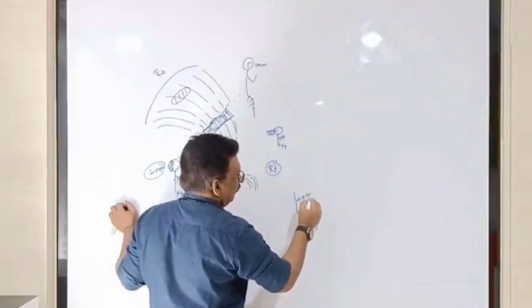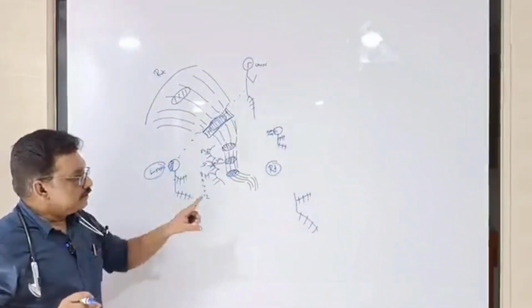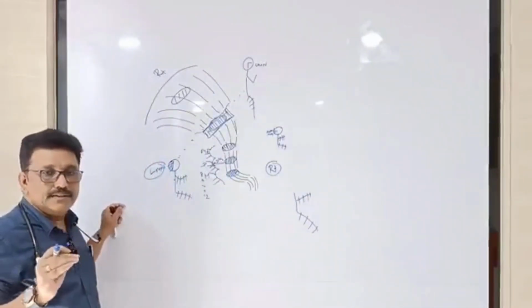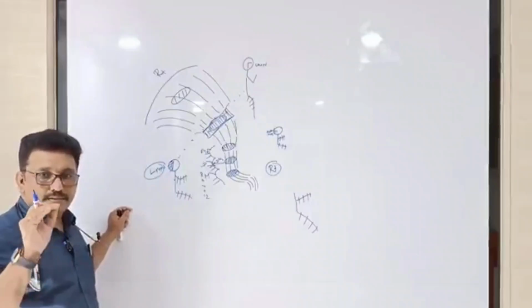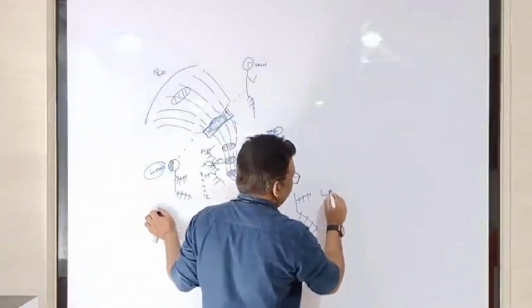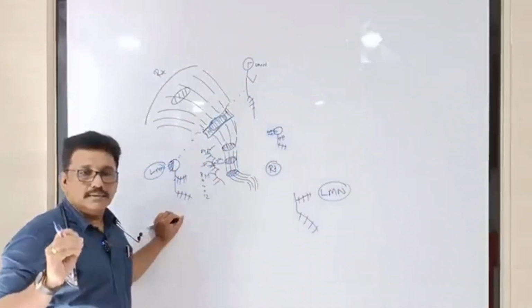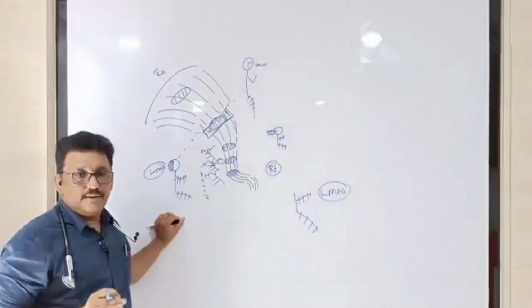So upper limb and lower limb weakness is there in all patients. When we examine this patient in the initial phase of the stroke or lesion, acutely the patient can have LMN type of weakness. What is LMN type of weakness? All the muscles are flaccid in that type of weakness.